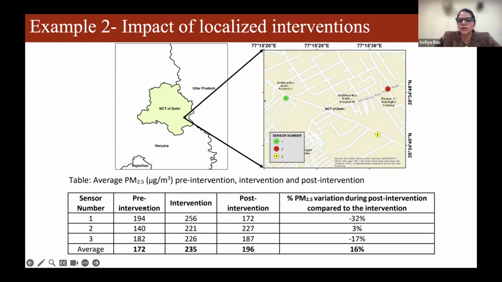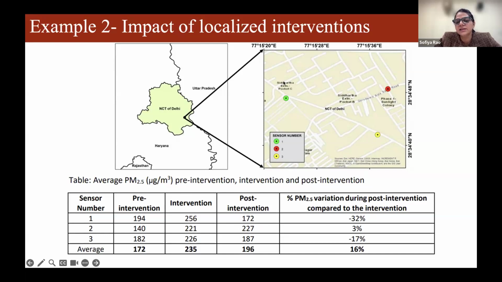In the pre-intervention the PM2.5 is 192, during the intervention time, meaning when the construction or the road pavement was going on, the PM concentration was 256, and in the post-intervention the PM reduces to 172, although this exact value was not captured by the CAQM.